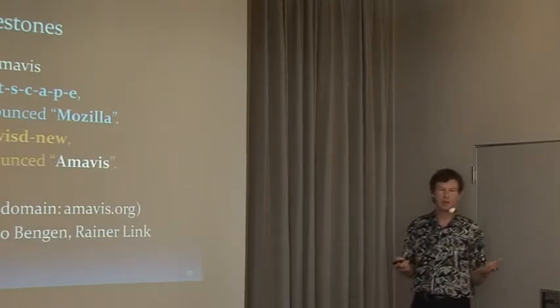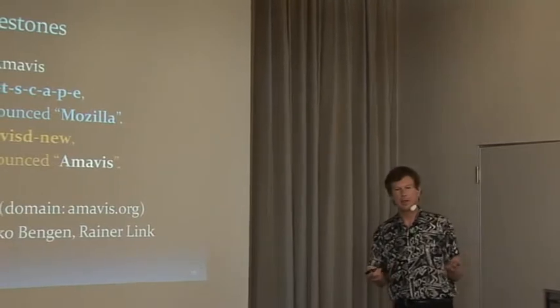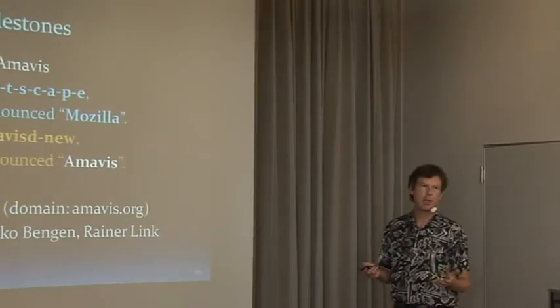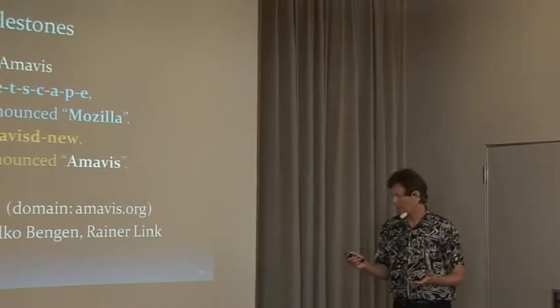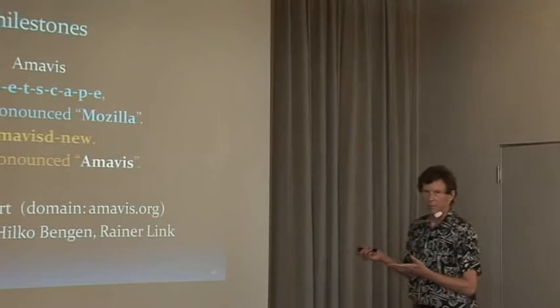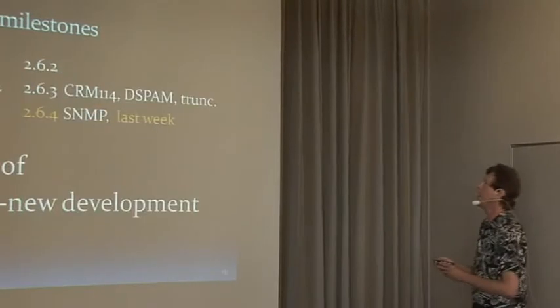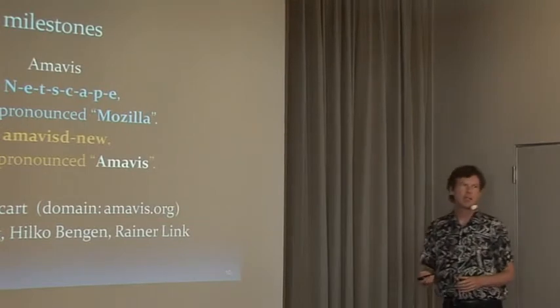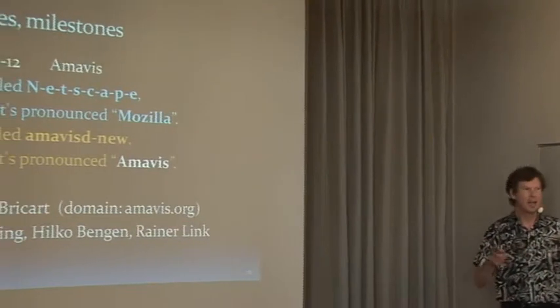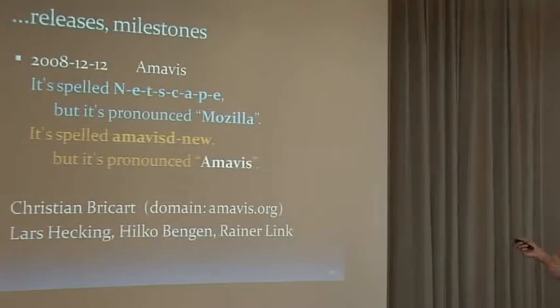No, they won't be developed anymore. So that amavisd-new is the only surviving and actively developed branch out of this. And the domain stays. What is yet to be done is to rewire the website and things like that.